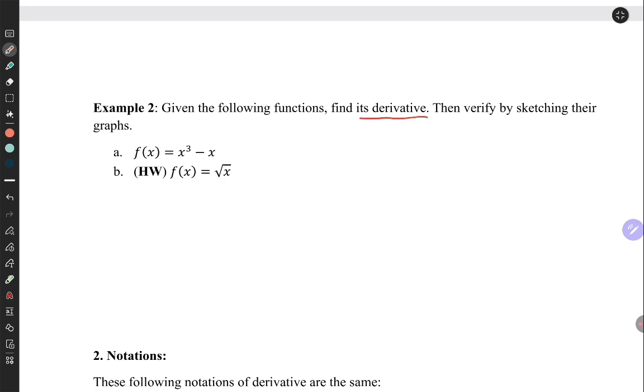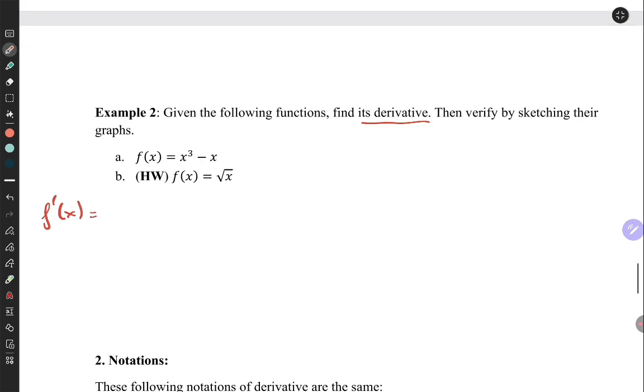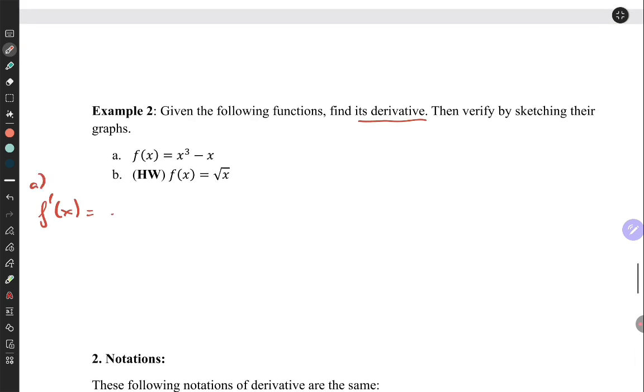Find the derivative of... Yes, you can use f prime of a, or a here. Doesn't matter, right? Just notation. Work as a group. Simplify this.